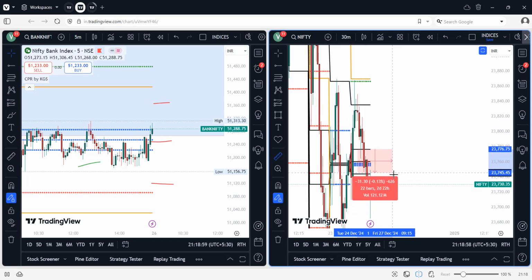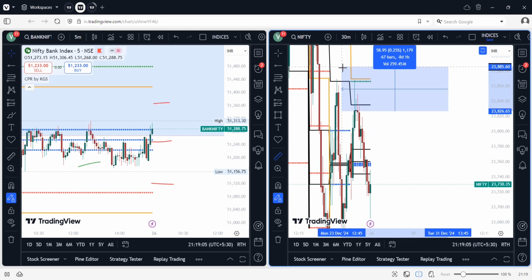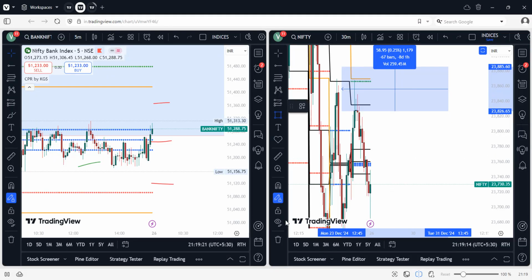Okay, there is some problem here. Let me mark these levels. Just a moment, there is some misunderstanding. I'm expecting some bearish action from here.